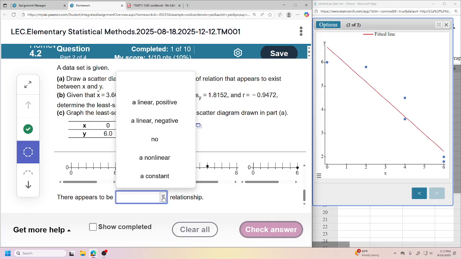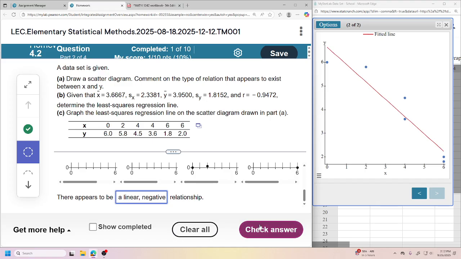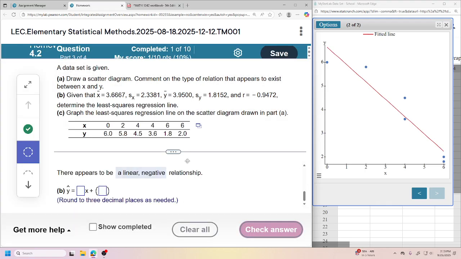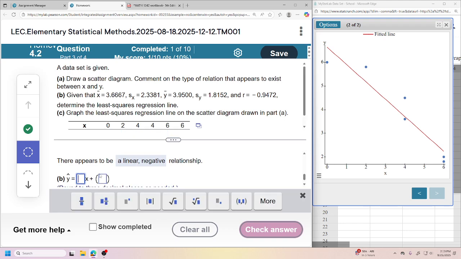So there appears to be a something relationship. Now notice that the line's going down. I haven't even read what it was about, but it means we're going down. What would you say for down? Negative. Yeah, negative means going down. And then it says type in your equation.